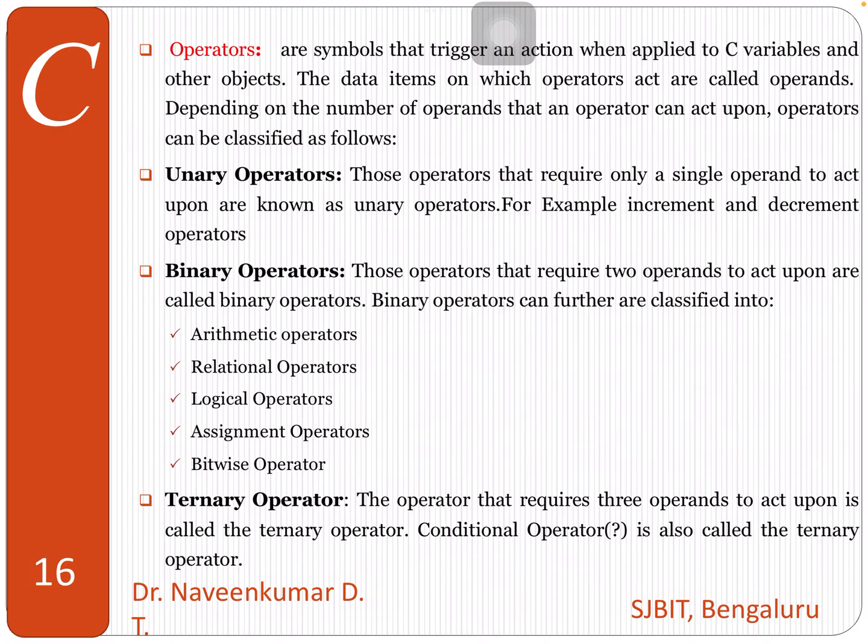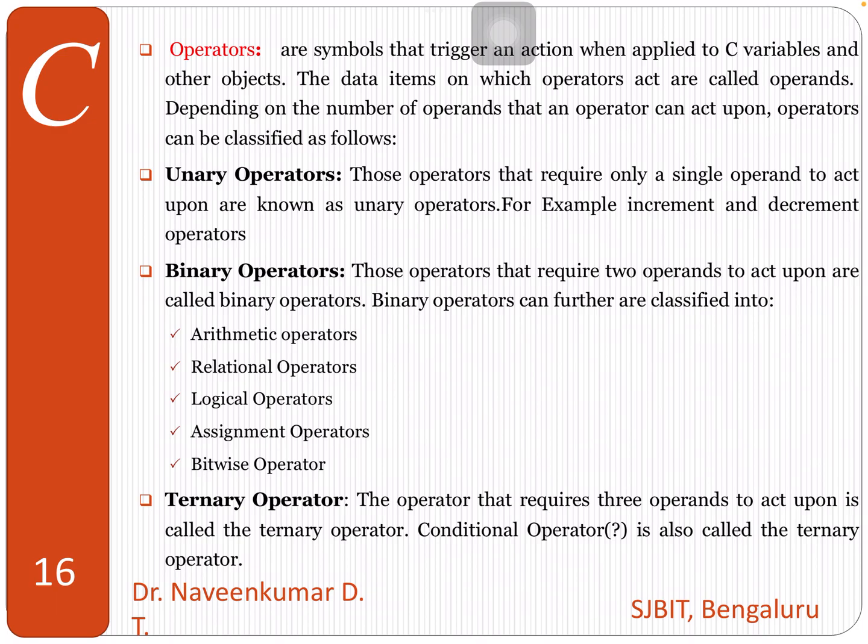The data items on which operators act are called operands. The variables on which the operators will operate are called operands. Depending on the number of operands on which these operators will act, operators can be classified as unary operators, binary operators, and ternary operators.